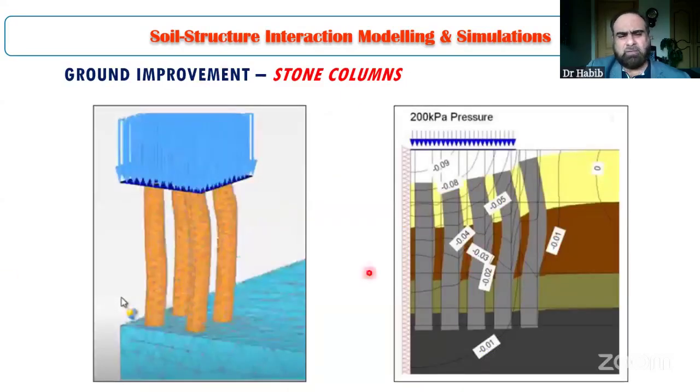Now, these are the two examples I am presenting for stone column modeling and simulations using 3D and 2D finite element based software. Here this is the soft clay layer, and we can see that behavior. We have different levels of bulging of the stone columns: slight bulging over here, larger bulging over here.